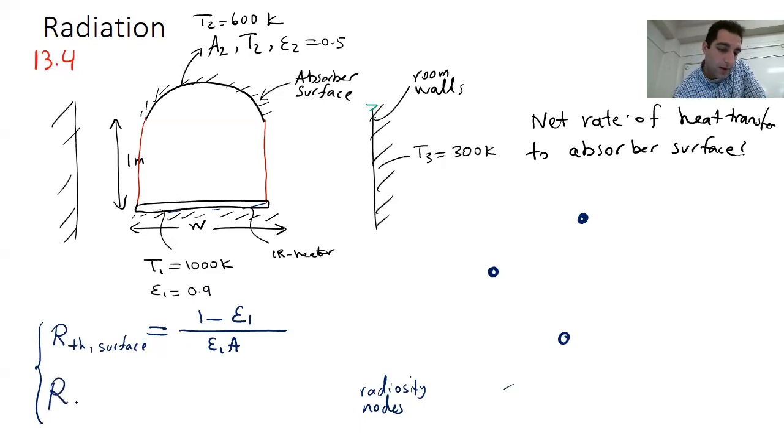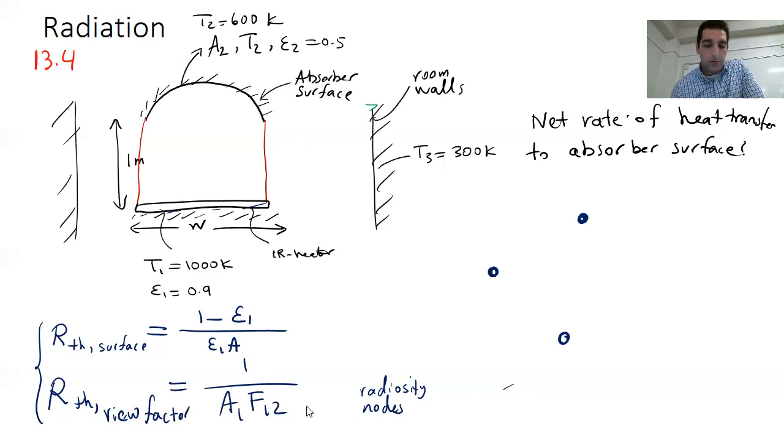And then we have another thermal resistance, which you can call view factor thermal resistance, which is 1 over A1 F12. Between each two surfaces, we know that only a portion of the radiation from surface i leaves to surface j. Because of that portion, we can model it with a resistance.